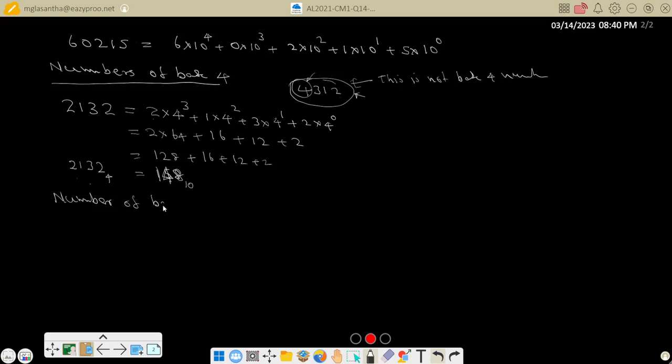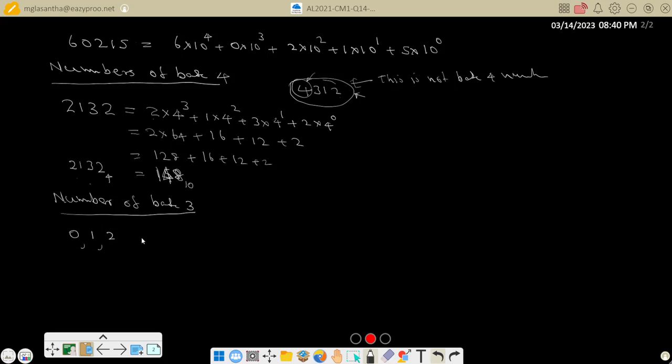Likewise, how do you write a number of base 3? How many symbols are required to write base 3 numbers? 0, 1, 2 only.